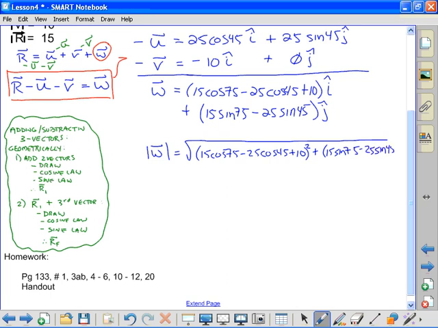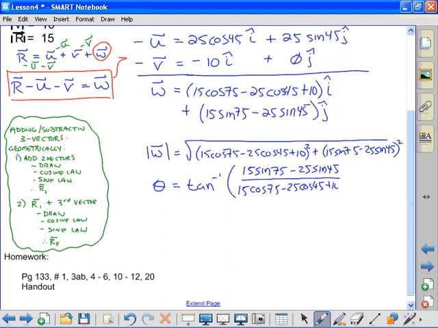And now we have the magnitude defined. So there's the magnitude of w, and the angle at which it's located is tan inverse of 15 sine 75 minus 25 sine 45 divided by our other mess, 15 cos 75 minus 25 cos 45 plus 10. So there's the magnitude and angle.